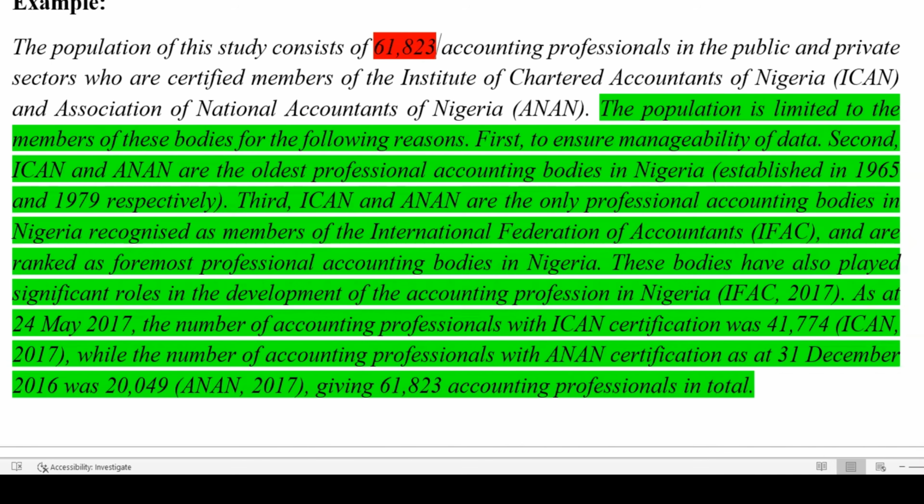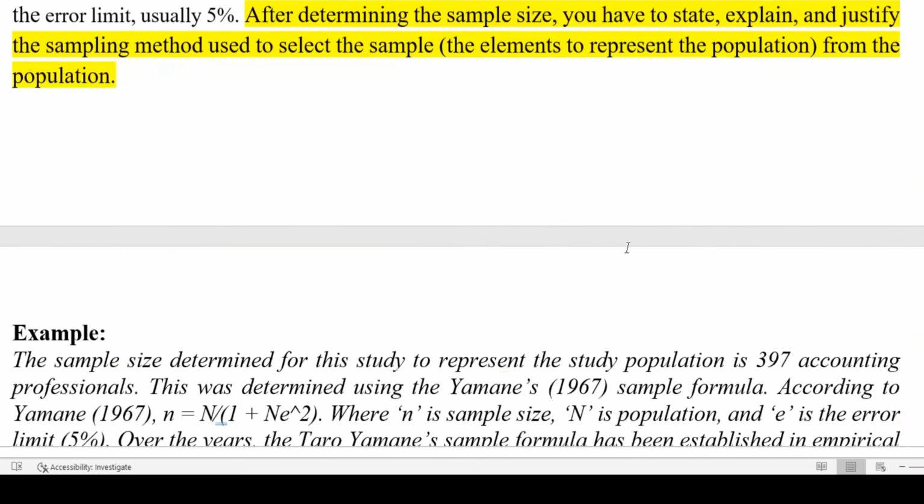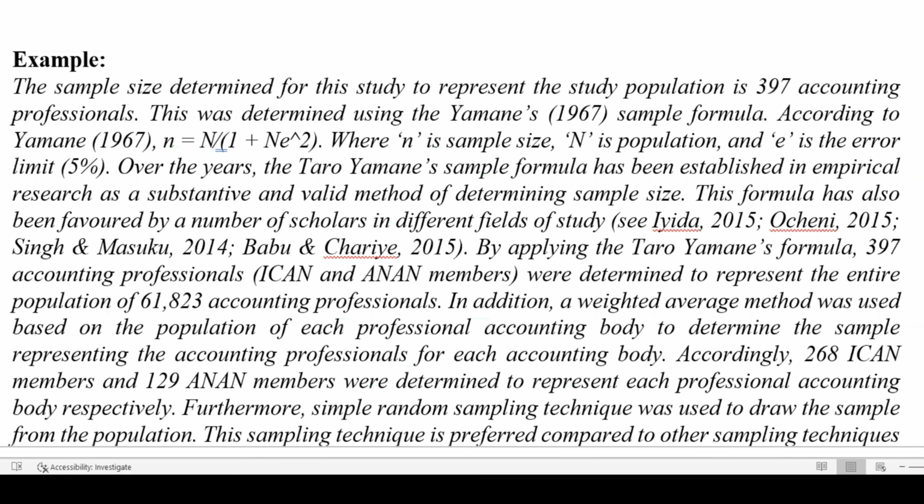Coming to the sample size, you could see that the sample size is 397. How was it determined? Using Yamane's formula. So you cannot just determine sample size from your head. How do you know that 397 accounting professionals will adequately represent 61,000?